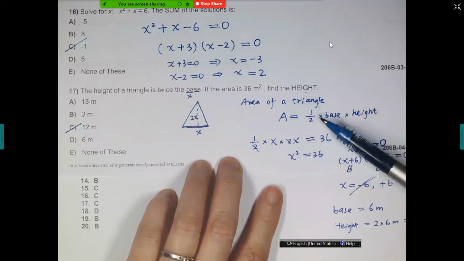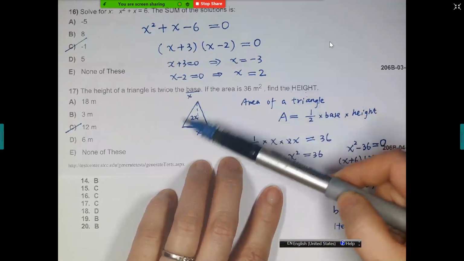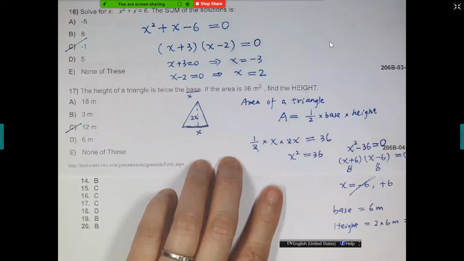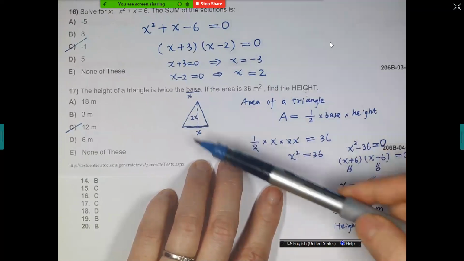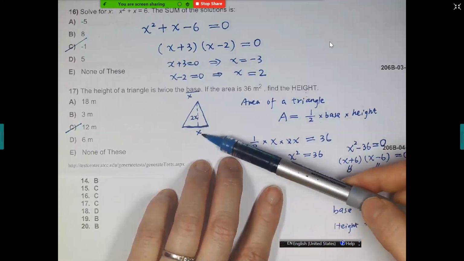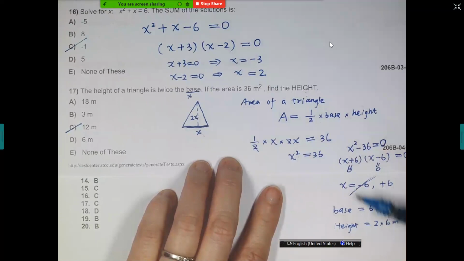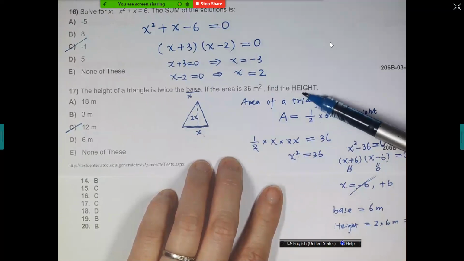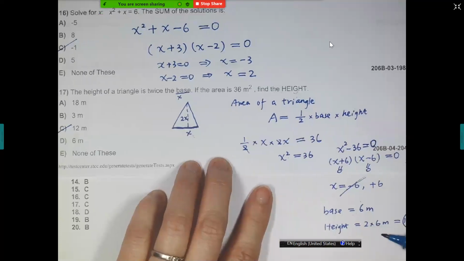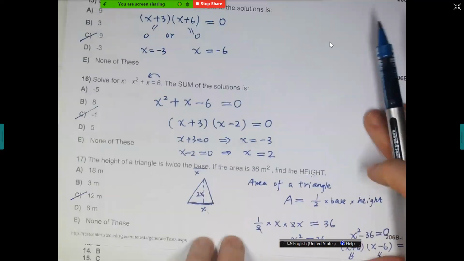And when we assign a variable to the problem, we pick the variable. So I pick the base to be the unknown here. And after we solve the question, always check what is the original question in the problem. It asks for the height, not the base. Then I will continue to get what the height is. This is the first word problem.